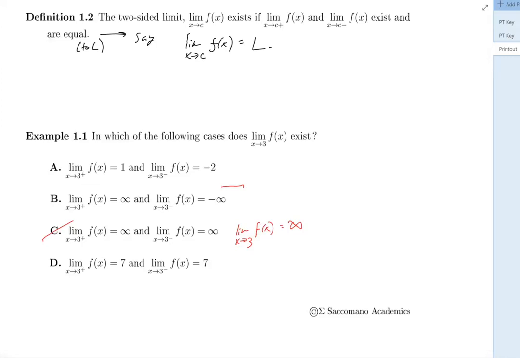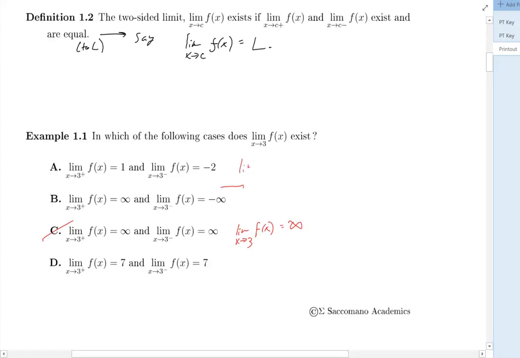A nice way of remembering that is a limit exists when the function is getting closer and closer to a specific number. When I go to infinity, the function might be going to 10, then 100, then 1,000, then 1,000,000, then 1,000,000,000. Now it's headed to infinity, but is it getting close to a specific number? No, it's hitting a bunch of different numbers on its way to infinity, which just means it's getting bigger and bigger and bigger.